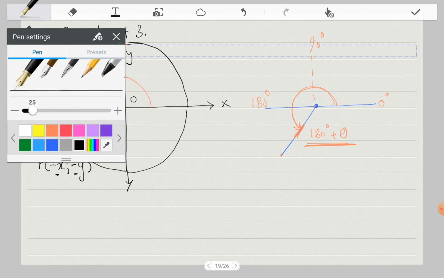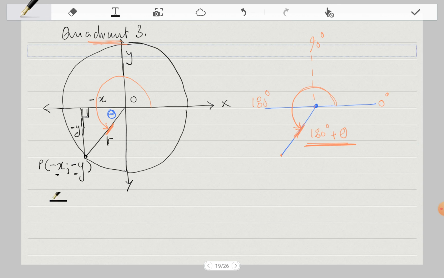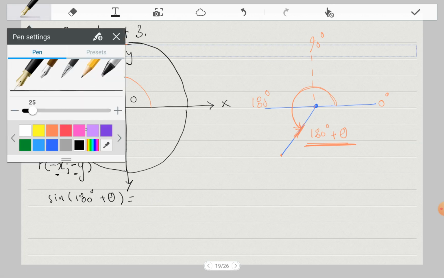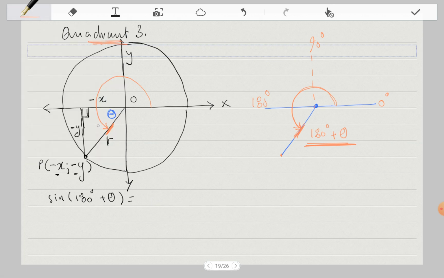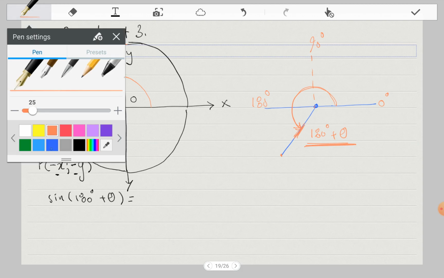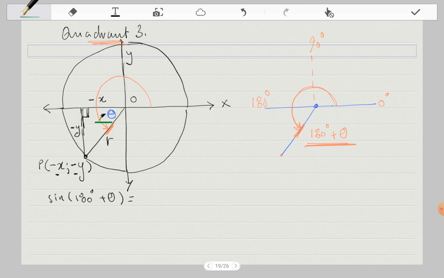So if we had to write our trig ratios down for this instance, we see that sine of 180 degrees plus theta would give us minus y, because remember, if we label our triangle in terms of our SOH CAH TOA, let's use a different color here, let's use green. So this would be the opposite side, this would be the adjacent side, and this would be the hypotenuse.